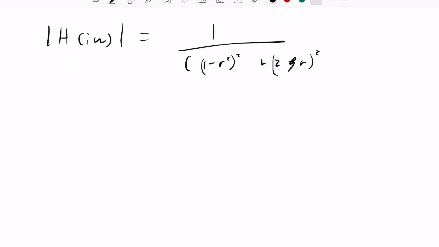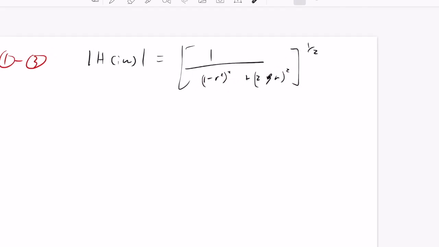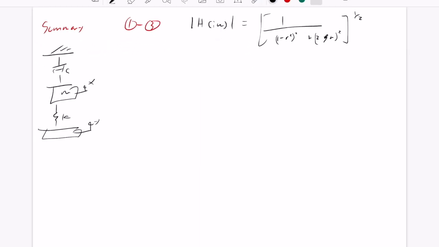So we're just going to define this equation as H(i omega), just to be consistent with the book. There are other portions where that becomes more important, like when we have different types of excitations. In this case, X for system 1 is directly equal to Y times the magnitude of H(i omega).